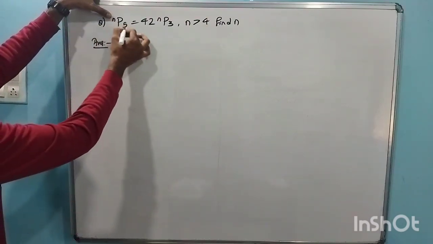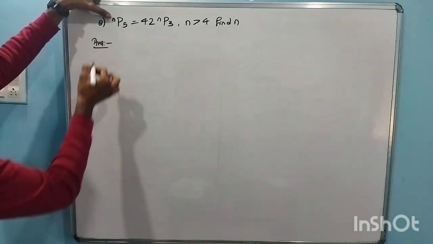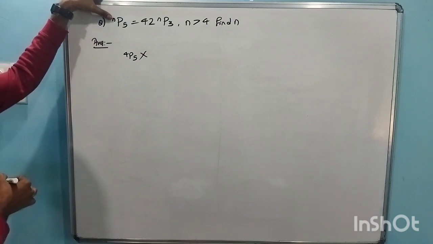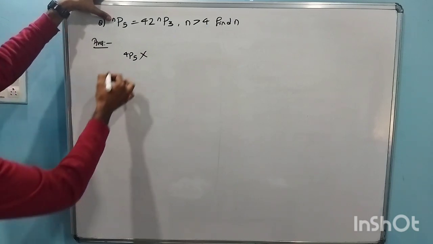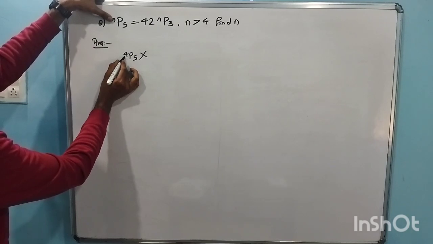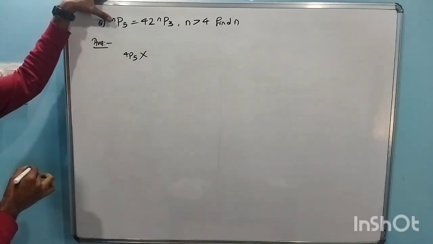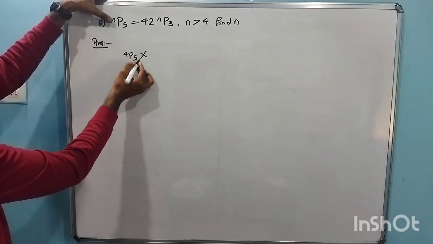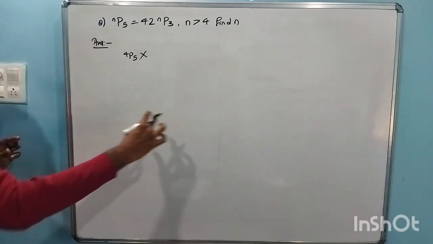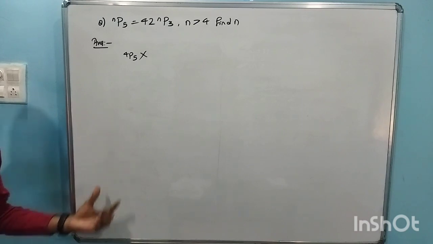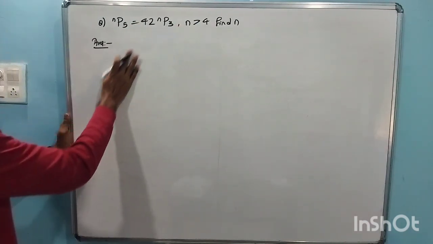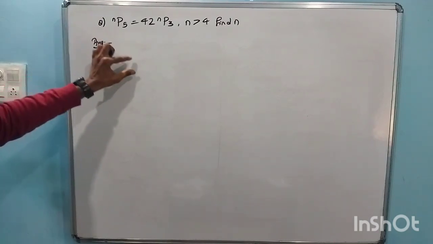Because if n is less than 5, means n is 4 and so on, then this will become 4P5, which is not correct, because we can't arrange 4 objects at 5 places, obviously. So 4 objects we can arrange at 4 places. Only 4 objects we have and 5 places we have, so it is not possible. That's why 4 objects and 4 places, or more objects and fewer places.